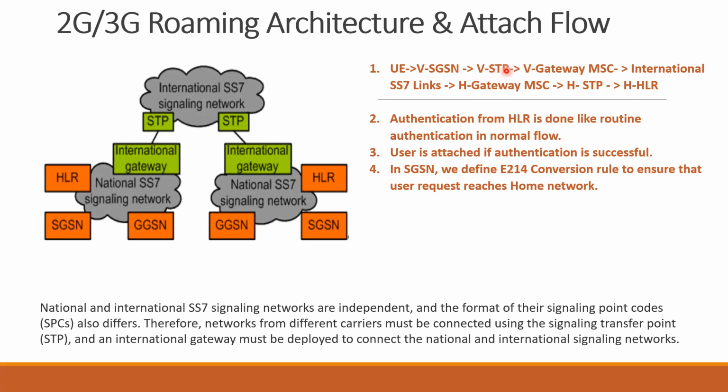The visitor STP is then going to send the request to the visitor gateway MSC, and the gateway MSCs of all the operators are connected with the international SS7 link. The international SS7 links are going to route it towards your home gateway MSC, from home gateway MSC to the home STP, and from home STP obviously to the home HLR for authentication.